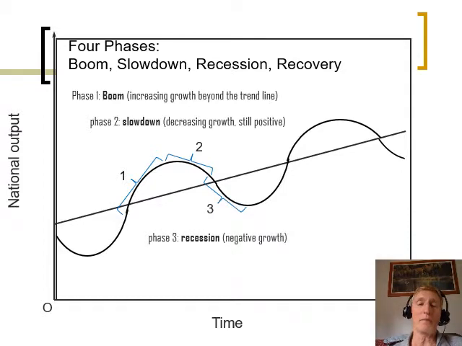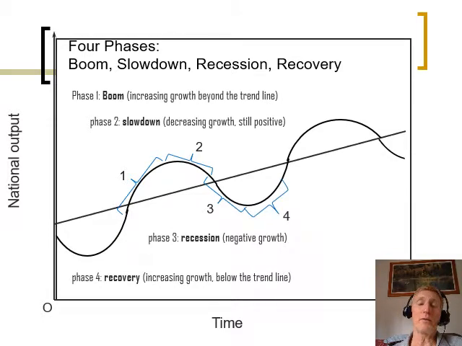The problem happens in phase 3. That's when the recession occurs, a recession being defined as 2 quarters of negative growth, and that means there's actually a slowdown in the whole economy. Worse than just less growth, it's actually negative growth.